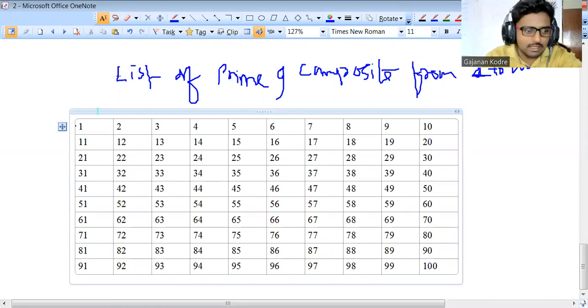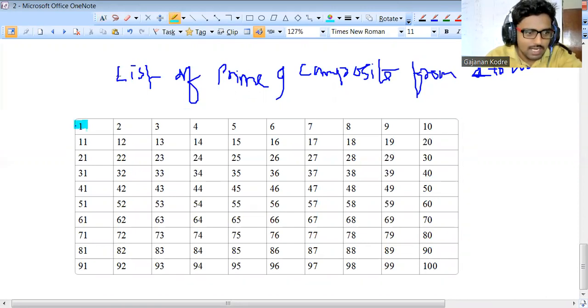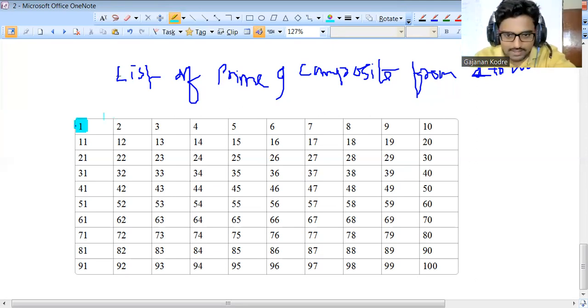Why is 1 neither prime nor composite? As it has only one factor, and the definition of a prime number requires a minimum of 2 factors, and composite numbers have more than 2 factors. So 1 is neither prime nor composite, so you will cross it out. Here I'm not going to cross it out, as I want that number to be visible, so I'm just going to color it.